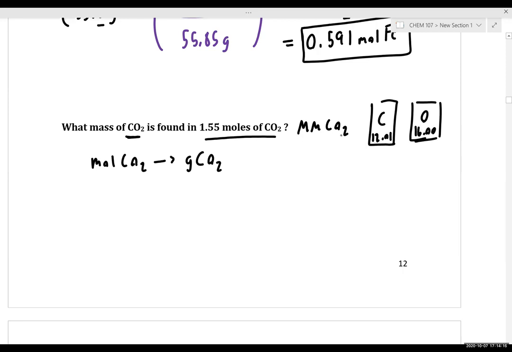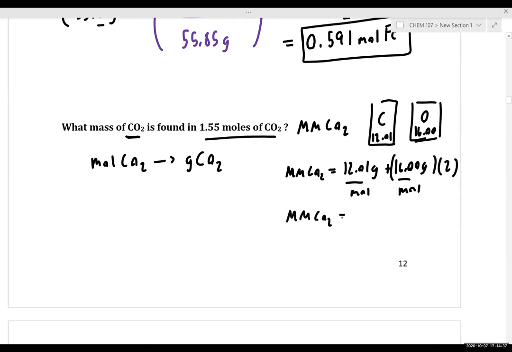So if we want to calculate the molar mass of carbon dioxide, it would be the mass of carbon, which is 12.01 gram per mole, plus the mass of oxygen, which is 16.00 gram per mole, times 2.